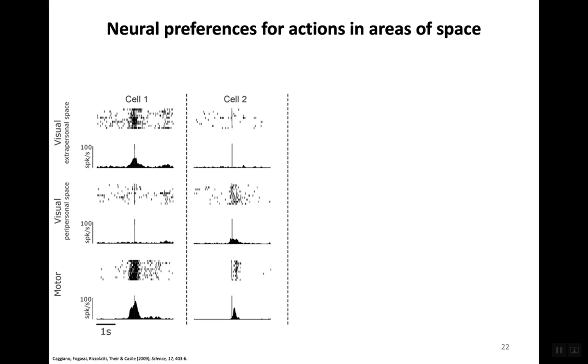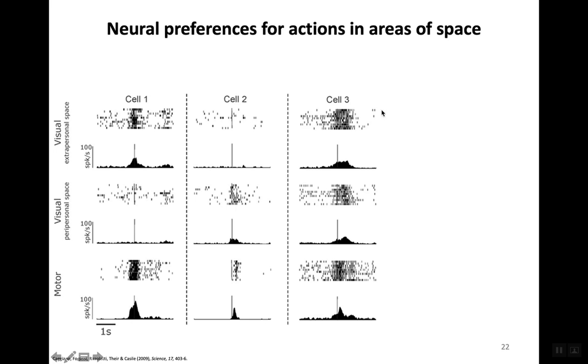Let's look at another cell which has quite the opposite response pattern. It does not fire too much when the action takes place in the extrapersonal space, but it does fire quite a bit when the action takes place within the peripersonal space, as well as when the action is performed by the monkey itself.